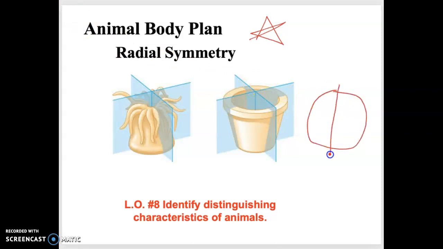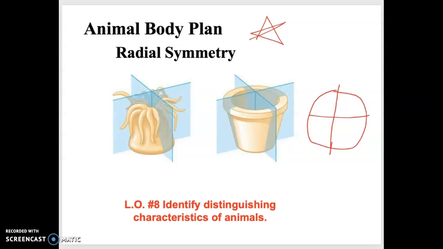If you cut it in half, cut the radius of the circle, cut it this way, cut it that way, cut it this way, etc., it's always going to be the same. You're going to see the same features no matter which direction you cut it. Some animals exhibit this radial symmetry or radial body plan.